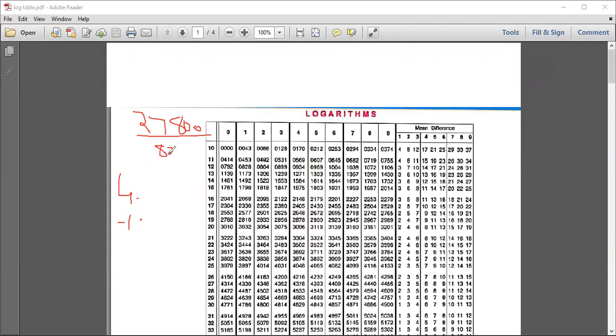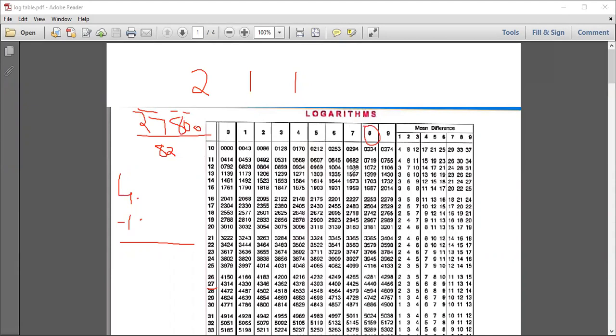In this way, we remove the characteristic. Now we have to find the mantissa part. For the mantissa part, what did I tell you? The logic of log: 2, 1, 1. That means 27, 9 and 0. These are the 4 numbers which we keep in mind. As you see, 27 is in the first 2 columns. Now we look up this number in column number 9.